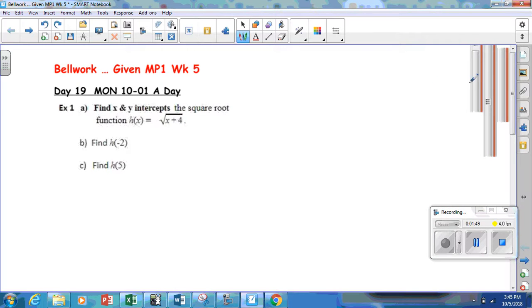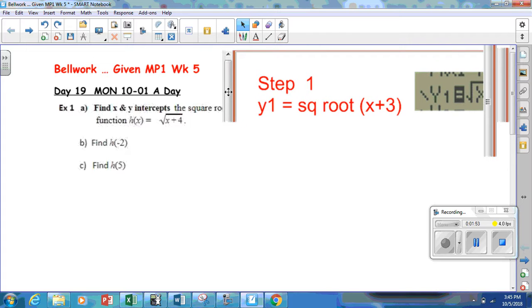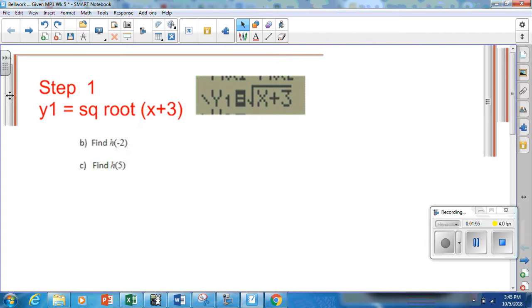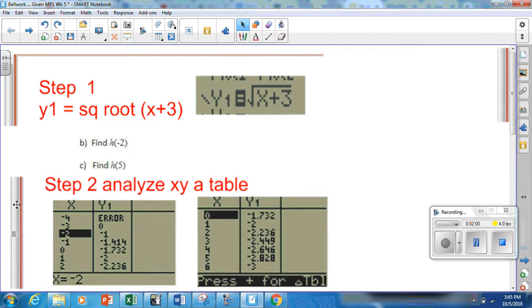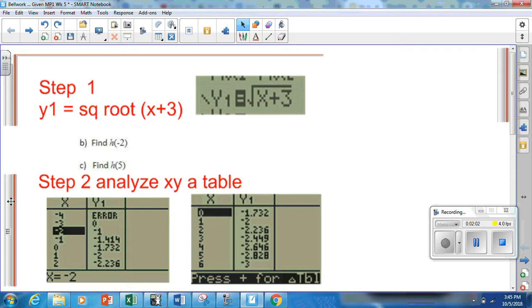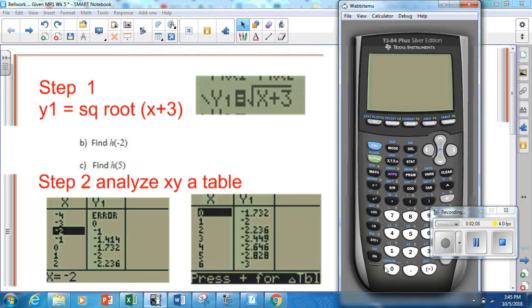Let's get it in our Y editor. All right? And let's consider the table that's produced. I'm gonna get rid of that.